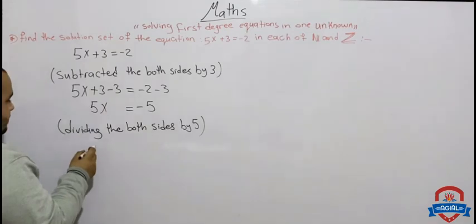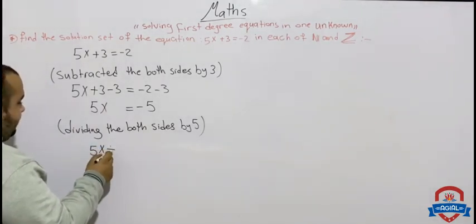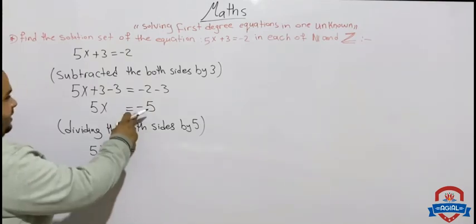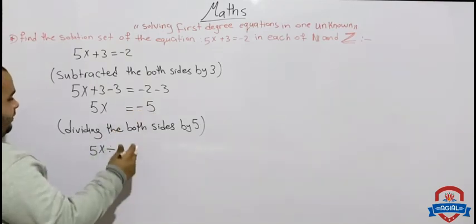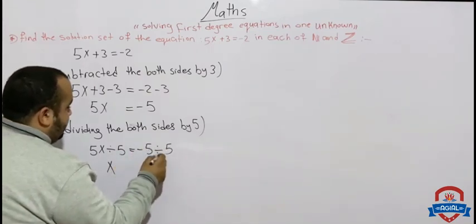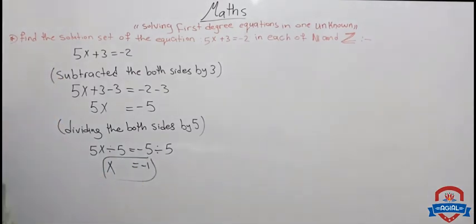Five x divided by 5 equals x, and negative 5 divided by 5 equals negative 1. So the value of x equals negative 1.